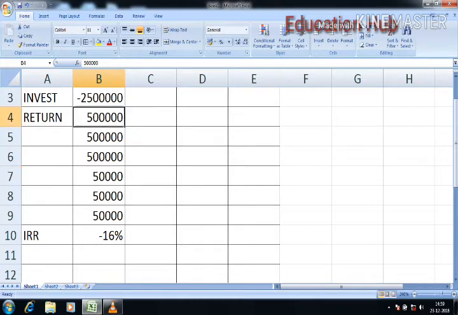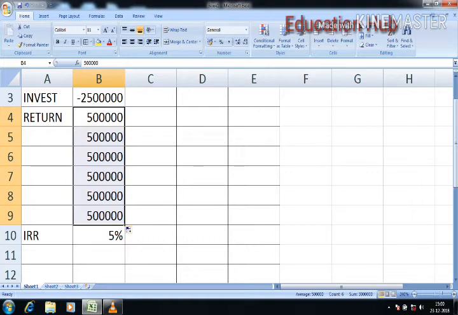Now I am adjusting the range. I am making it 5 lakhs for 6 consecutive years. Now the IRR result is coming as 5%. My motive is to show you not only the IRR calculation but also that the result must be within 100%.